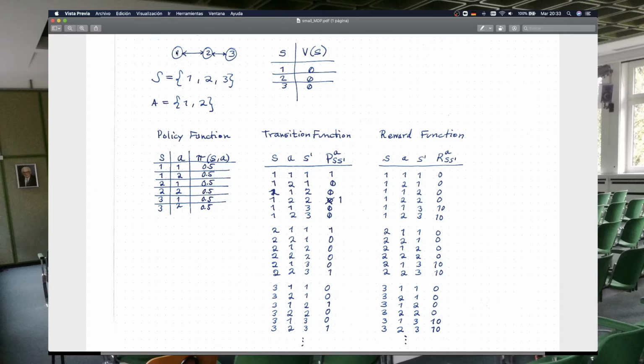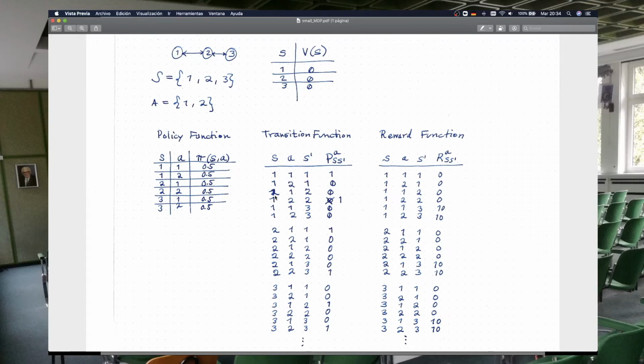Okay, because if we are in state 1 and we execute go right, you will move to state 2. Okay. So in this MDP, there are only two possibilities that will have probability 1, and all of the other combinations will have probability 0 to occur.